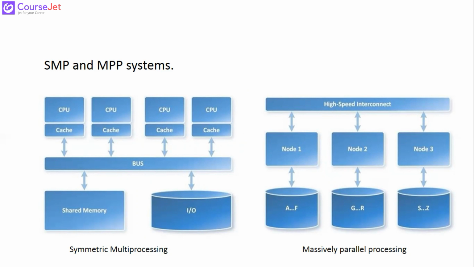So if you see this diagram, the first one is symmetric multiprocessing, which means there is a shared memory and the drive, the hard disk, which is written as IO.